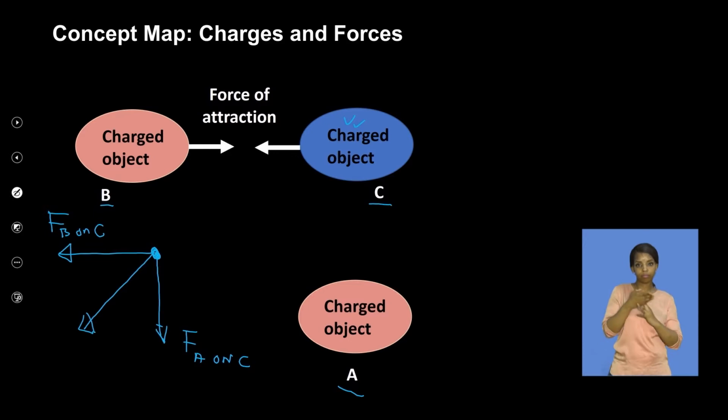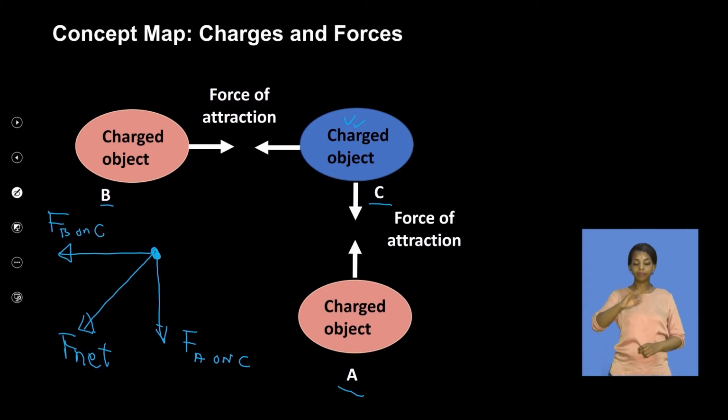So this is our F resultant or our F net. So this is the charges and forces as they exist in nature. So there is an attraction force. We've already looked at that. So that's the direction of the net force.